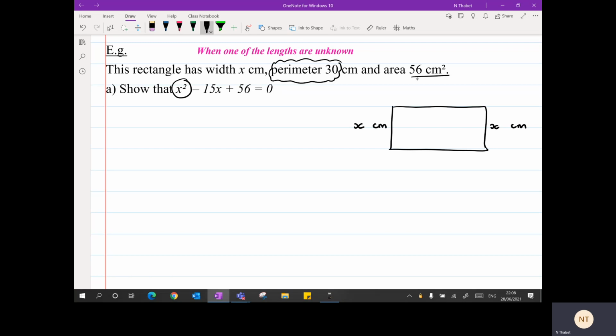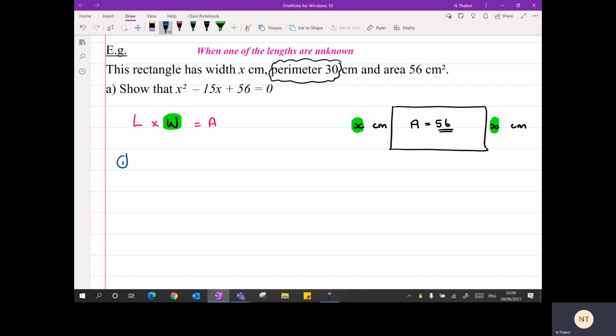You're also told something about the area, and you know that ultimately you're going to have to use the area to get this. But the area of the rectangle is length times width equals area. I've got width, it's x, but I haven't got the length. You have to work out the length first.